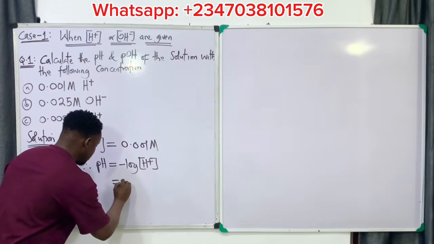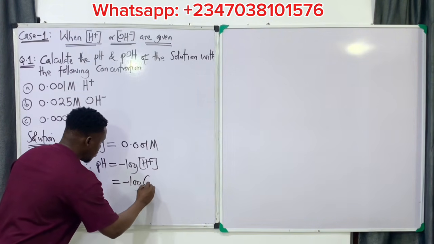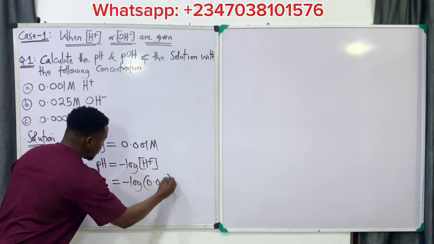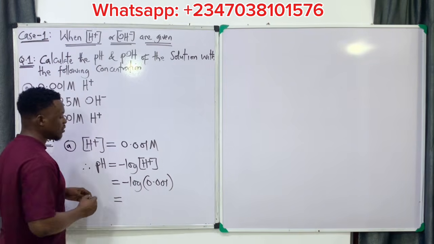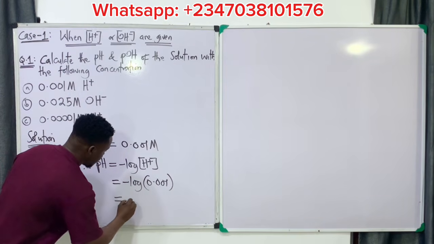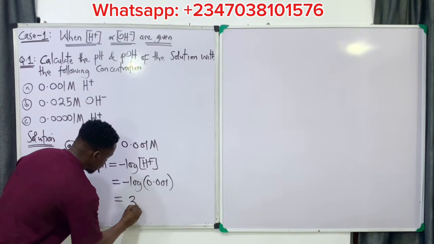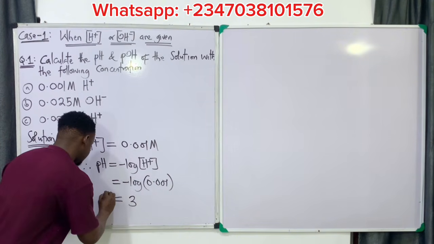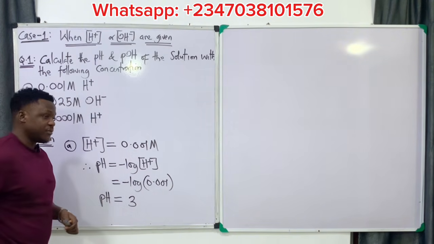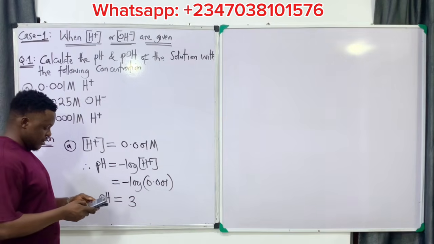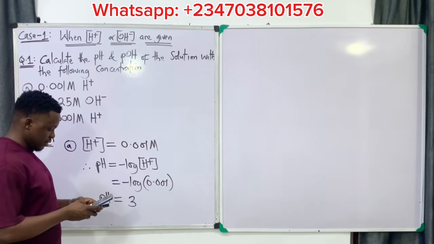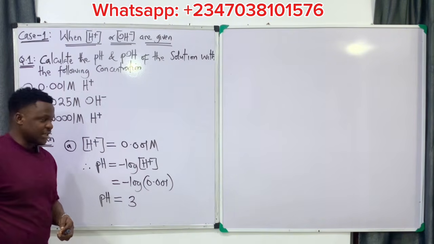So this becomes negative log of 0.001. If you press the calculator, your pH is going to give you 3. So that is the answer to that question.